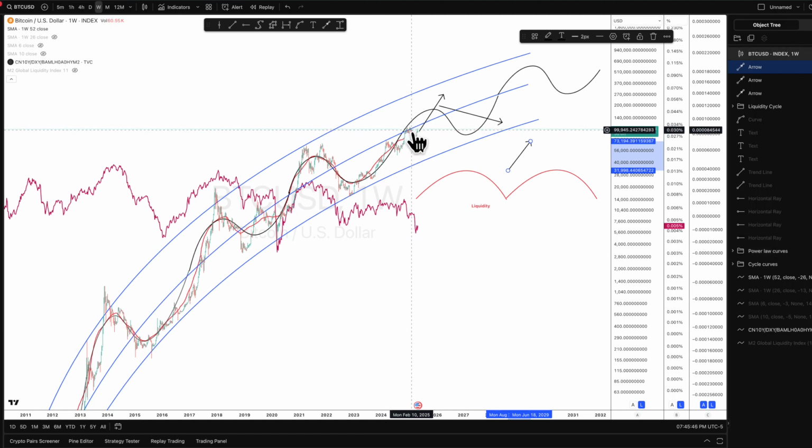Liquidity affects alt season more than it does Bitcoin, but this was a pretty dramatic divergence from the expected, idealized cycle. But it's probably only going to get more unpredictable as the liquidity and Bitcoin cycles desynchronize.